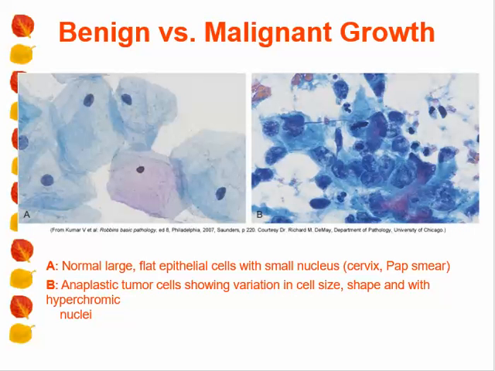So here's two pap smears. The one on the left is normal, and the ones on the right are cancerous. They're anaplastic. You'll see that these cells are large and they have discrete nuclei that are fairly small. They're flat, so these are the typical cells.